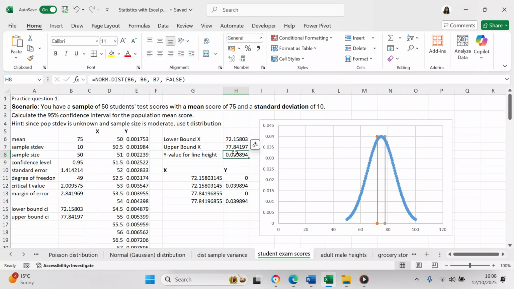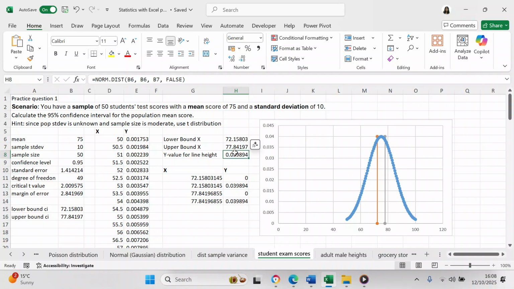The y value for the line height is NORM.DIST, brackets, B6, which is the mean, comma, B7, which is the standard deviation, comma, FALSE, meaning that it is the PDF, the probability density function.